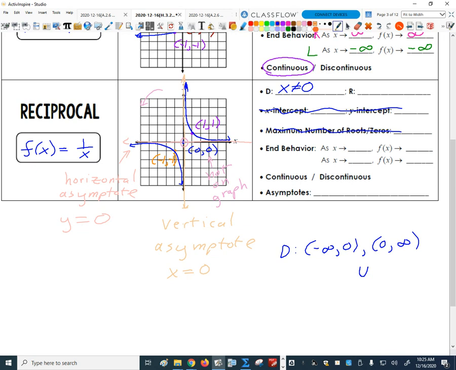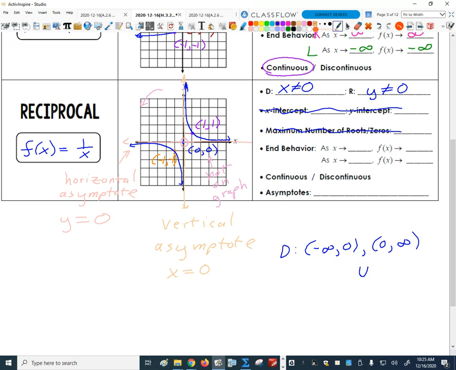Would it just be negative infinity to infinity, or anything? Okay, but is there a value in there that never gets touched? 0. Yeah. Okay, so how could I say that? X is not equal, but this time we're talking about range, so it should be y is not equal. There you go. Good. So y is not equal to 0. Exactly. Everything else is fair game, but 0 is the one that's skipped.